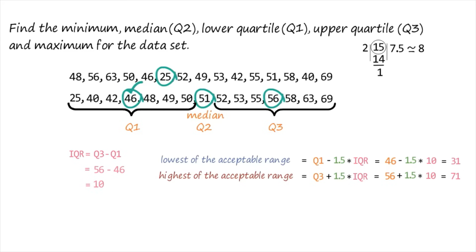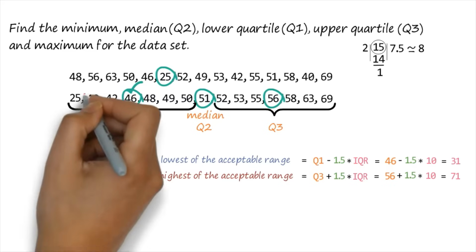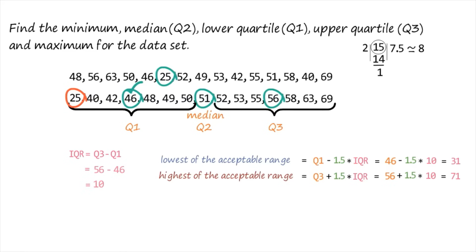Our question was to find out the minimum and maximum value. In that case, what happens? People usually answer it as, okay, minimum is 25 and maximum is 69. No, try to understand. After finding the lowest and highest range, what can we observe?